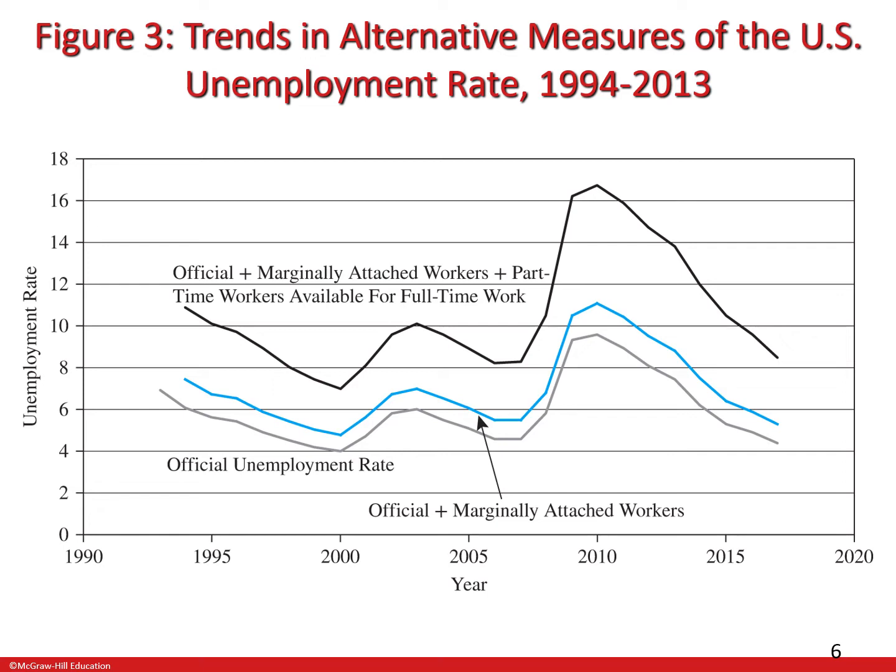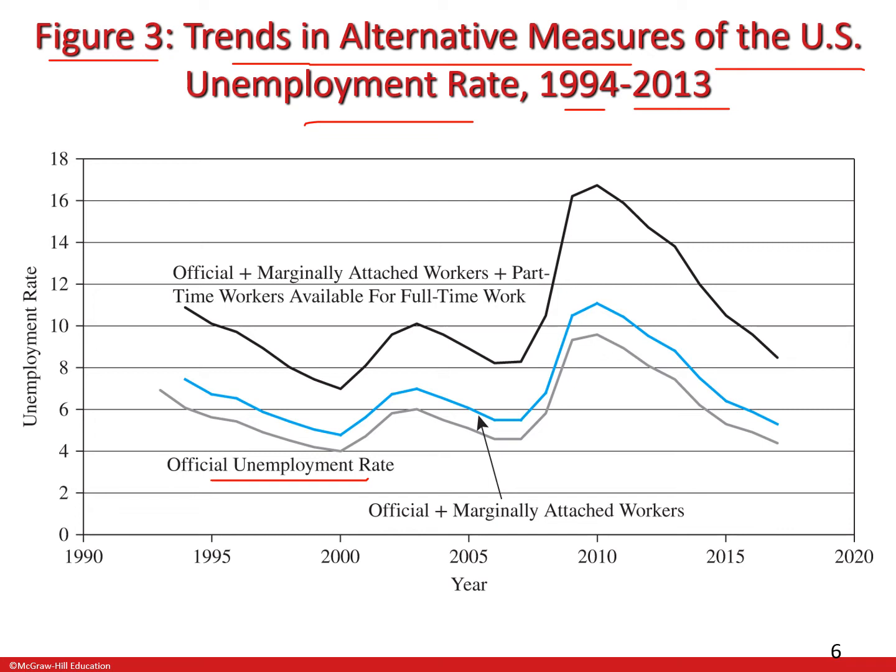So Figure 3 here gives us the trend in alternative measures of the US unemployment rate from 1994 all the way up to 2013. We can see that the official unemployment rate, the black line, is the lowest, so therefore unemployment is kind of underestimated.